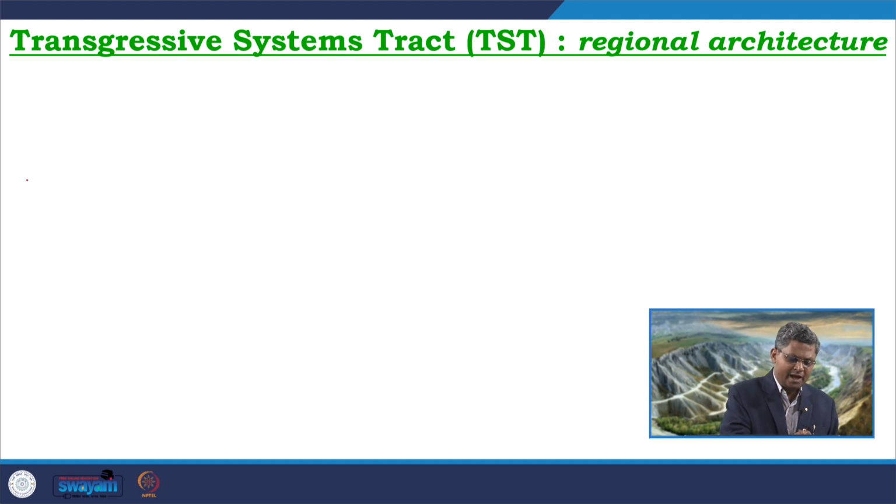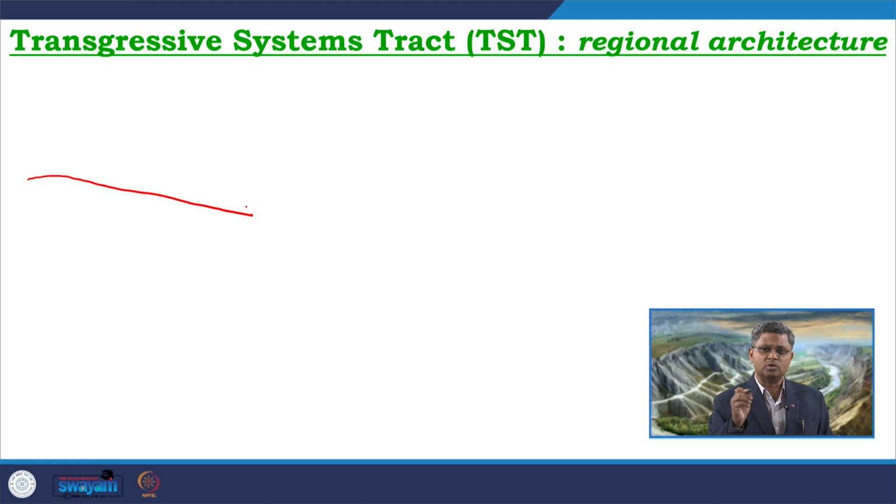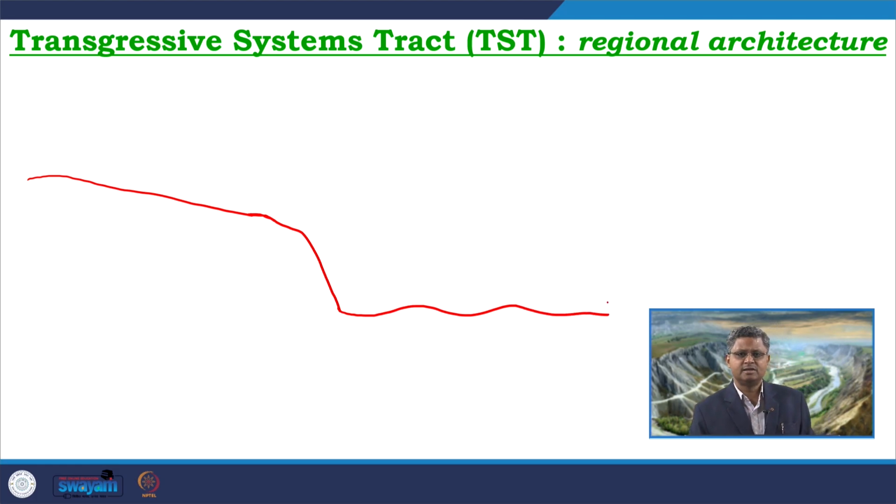At the end of the forced regression, we know that this is the unconformity which was continuing up to the shelf edge. At the shelf edge, a delta was formed, the shelf edge delta. This is the boundary of that shelf edge delta, and then in the deep marine part we are getting some high density turbidites and debris flow deposits.